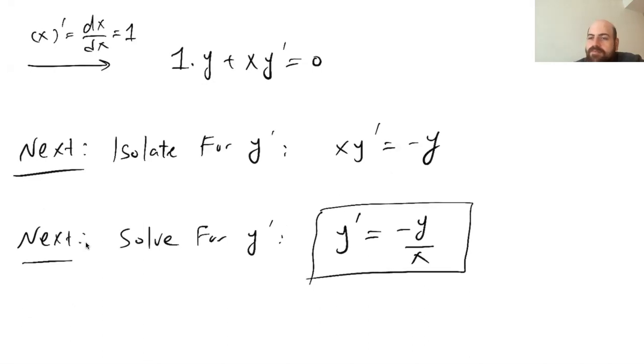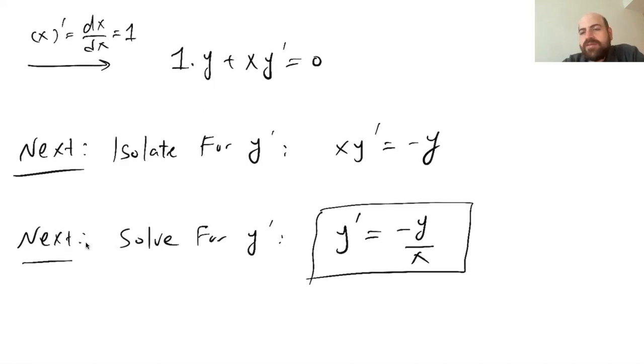That's it. When you isolate for y prime, you will have all terms containing y prime on one side and other terms on the other side. Then you can factorize if necessary, but this time, similar to the previous example, we had only one term containing y prime, so we don't have to factorize. In the next examples, I will show you cases where we also have to factorize for y prime and then solve for y prime.